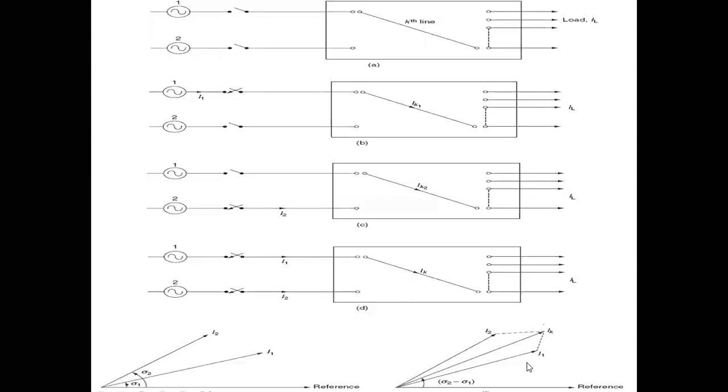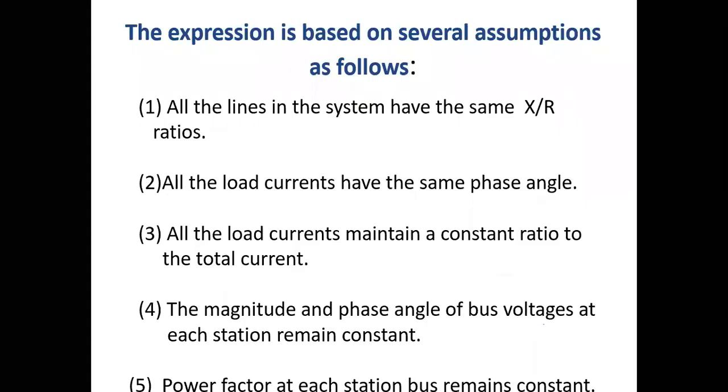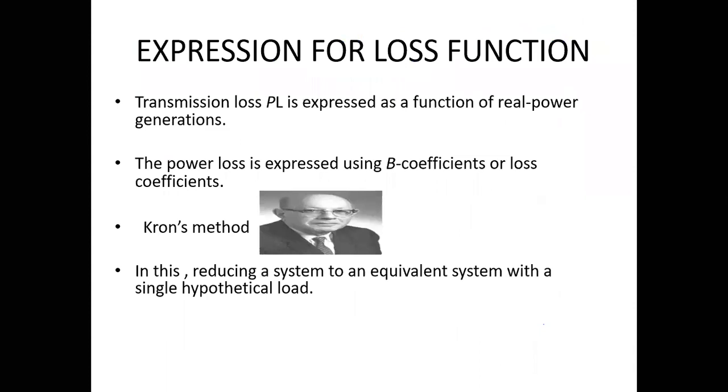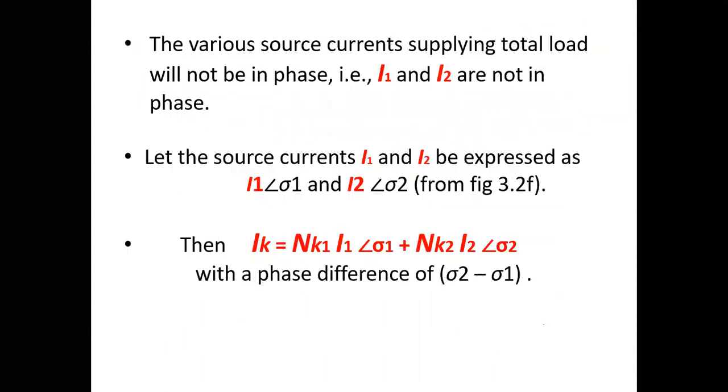Whereas when you consider the vector summation of I1 and I2, IK is the resultant current, and the phasor difference is sigma 2 minus sigma 1. We are going to see that in the coming slides. So the phase difference between I1 and I2 is sigma 2 minus sigma 1.